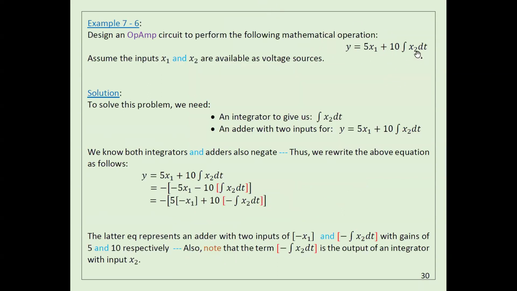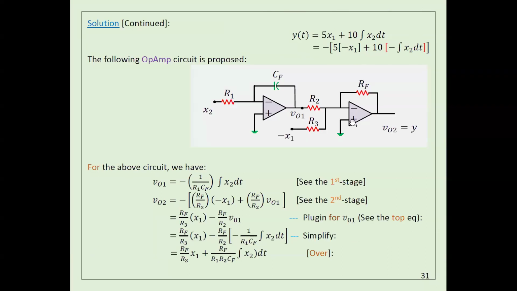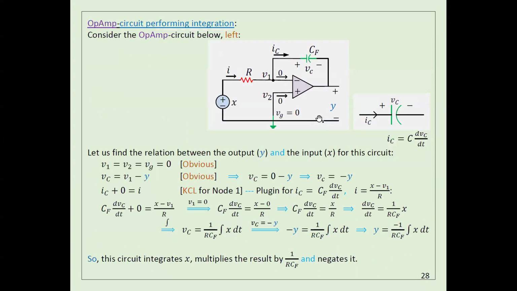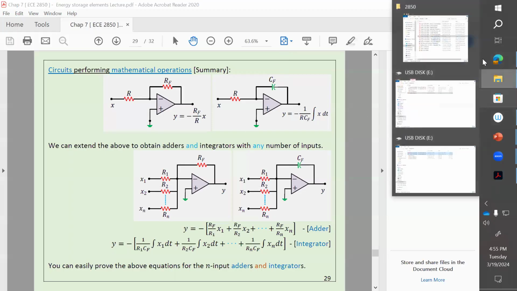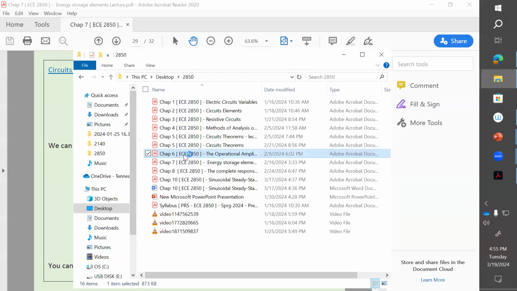It will be something like this equation. For sure, it's not going to be identical to this one. I will do some changes, but it will be the same thing. Then I will ask you to draw the circuit, design the circuit. This is one question. The second question will be from chapter 6.